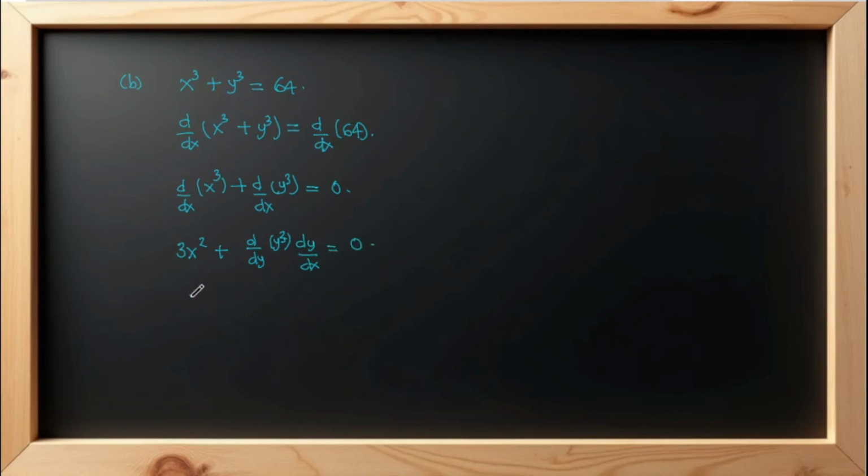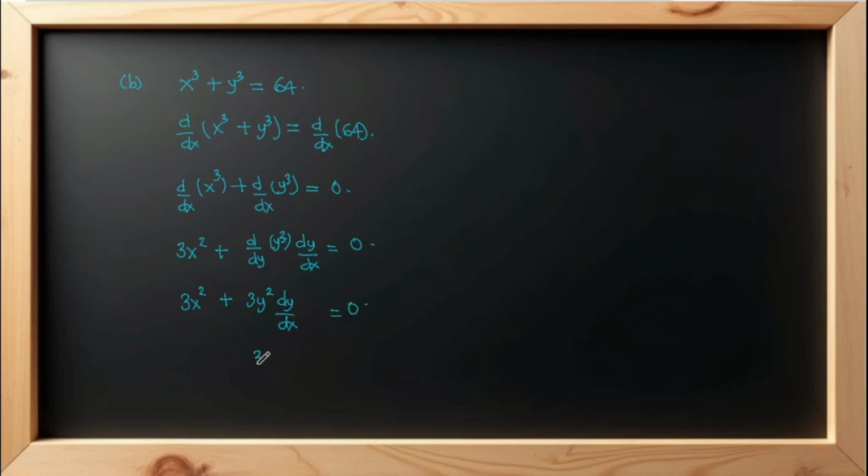So let's differentiate here, while copying our 3x squared down. The derivative of y cubed is 3y squared, with our dy by dx attached to it.